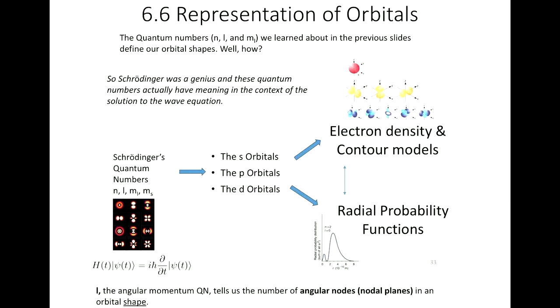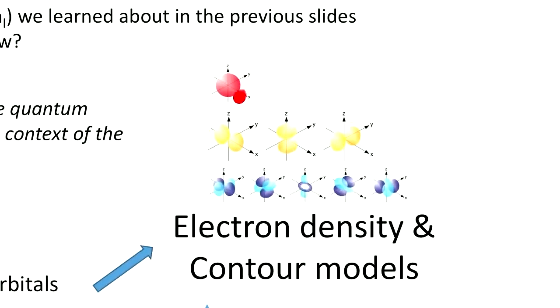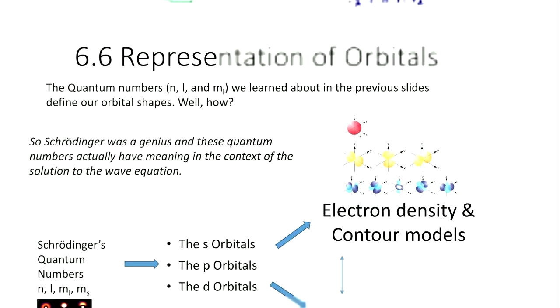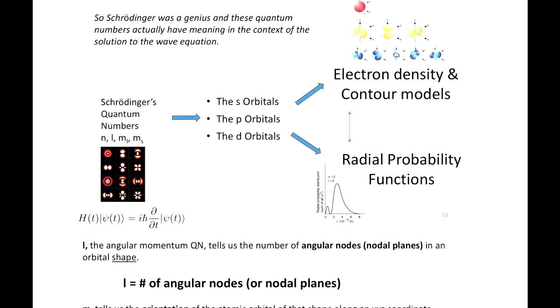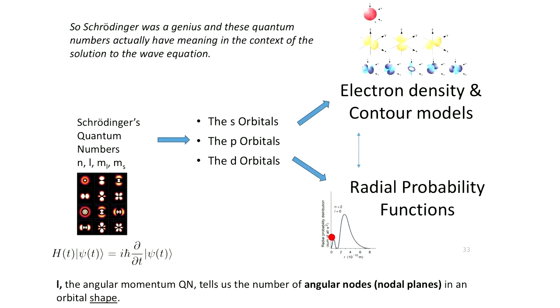So usually in high school, when we talk about S, P, and D orbitals, we look at contour models. We just say, oh, we have this spherical space where you'll find an electron. In a p orbital, it's in a dumbbell-shaped space where you'll find an electron, etc. But here, we're going to relate the quantum numbers to what we call radial probability functions.